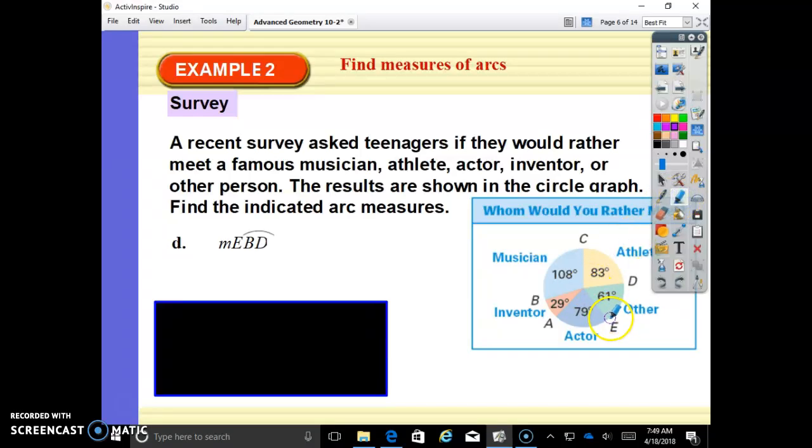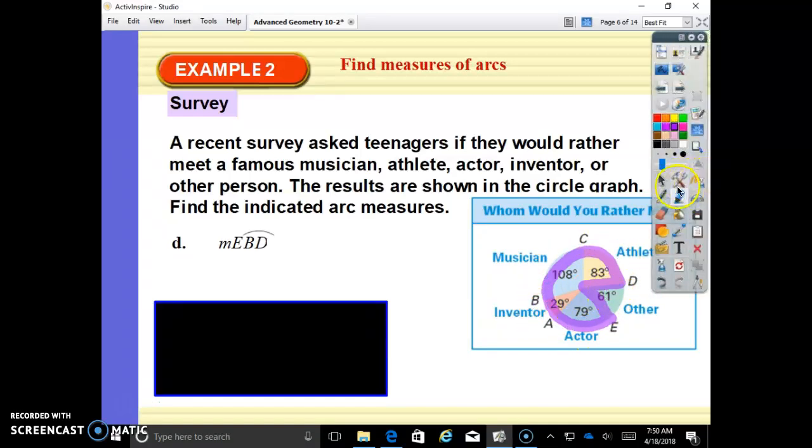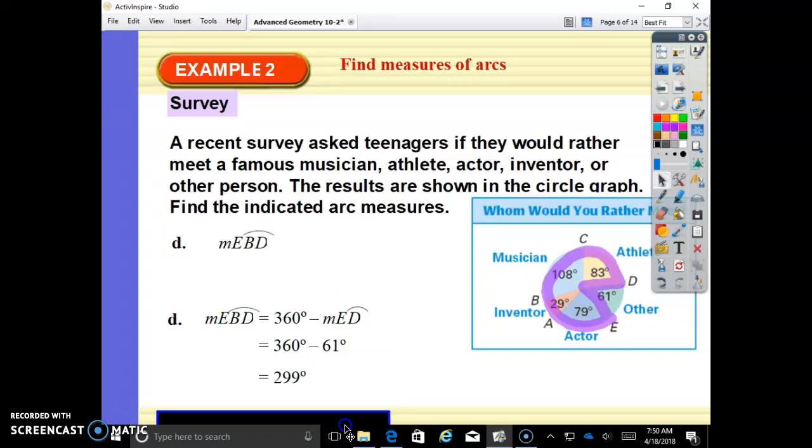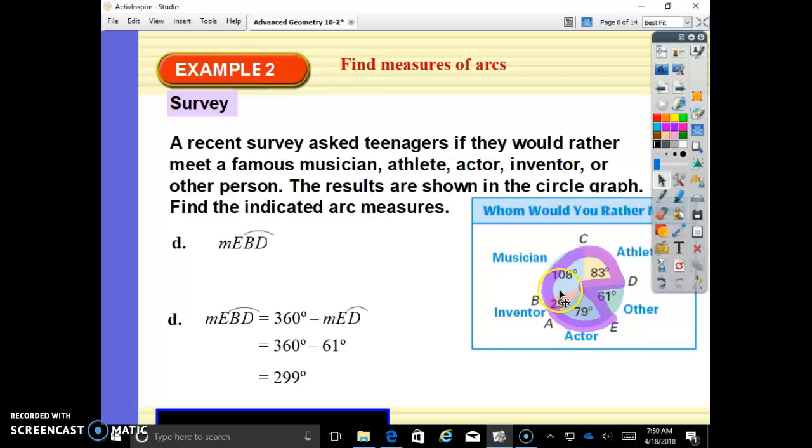E, B, D. There we go. So we could either add 79, 29, 108, and 83, or we can do 360 minus 61, which is 299. I could do that in my head way faster than I can add the other four numbers.